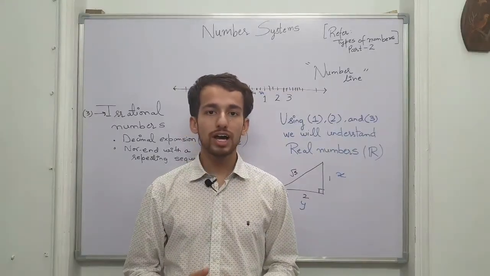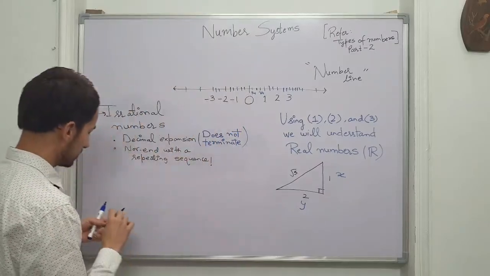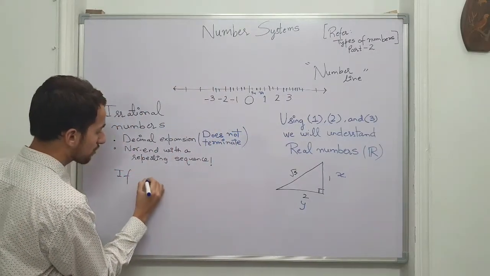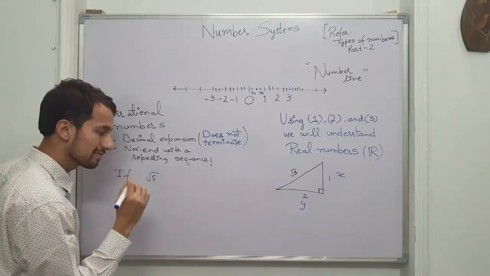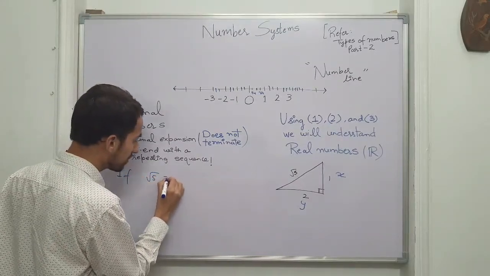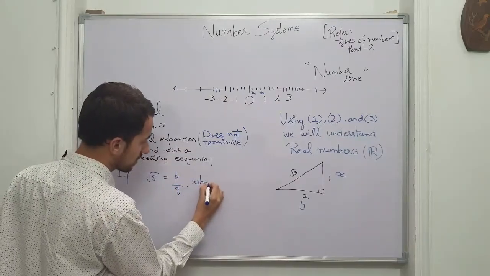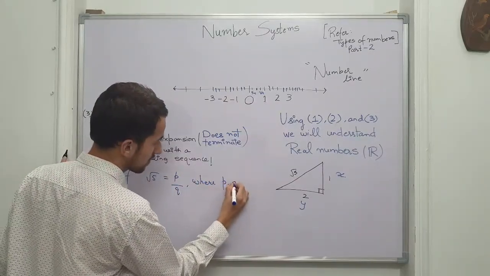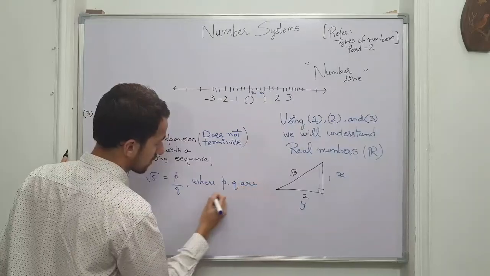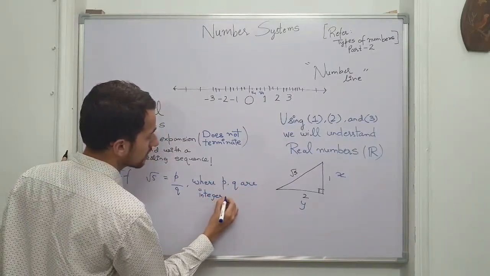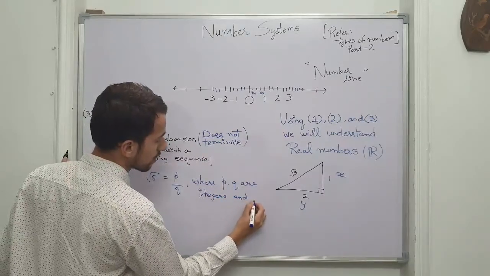If root 5 was a rational number, then root 5 would be equal to some p by q, where p and q are integers and q cannot be 0.